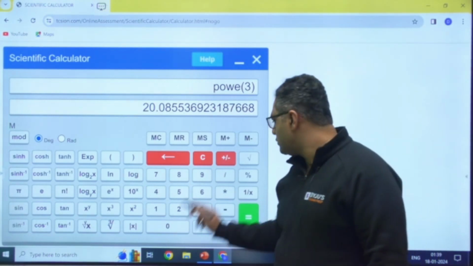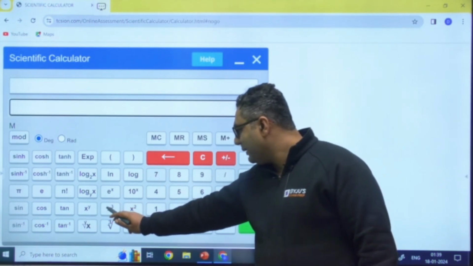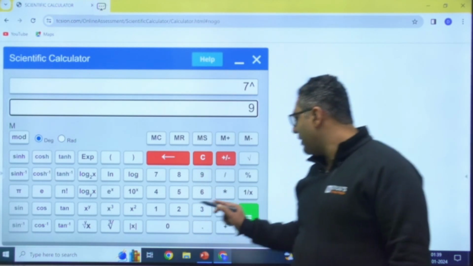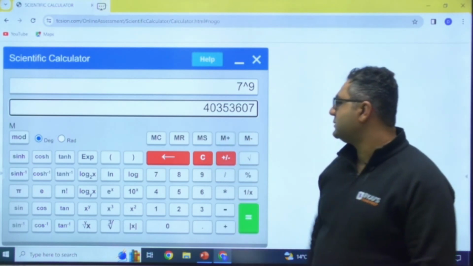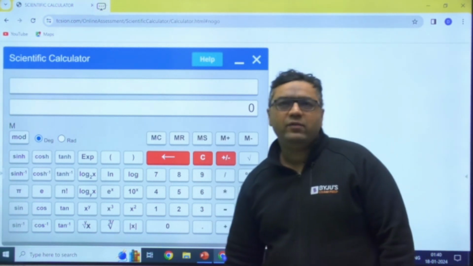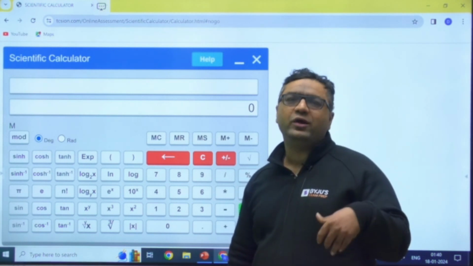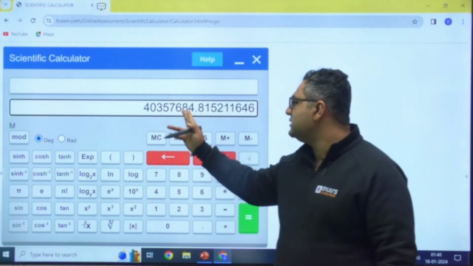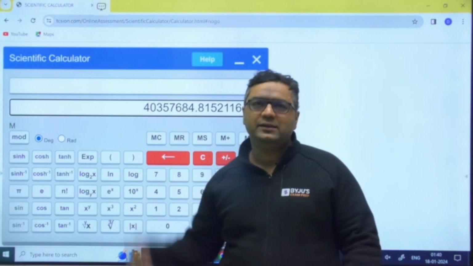So first clear, then 7 to the power 9, and this is going to be M plus. Now you can clear the screen, and whatever I have stored in the memory, I want to check that. For that I will go for memory read, MR. So the answer is 4035768.81. You can check with your traditional calculator whether it is correct or not.